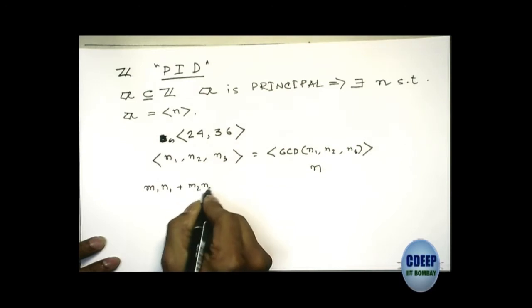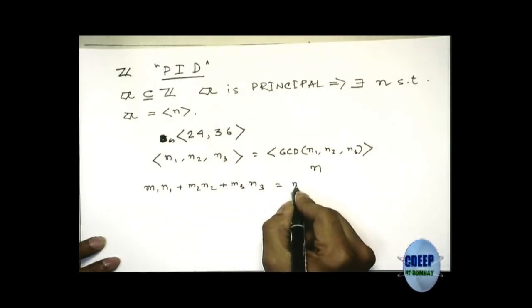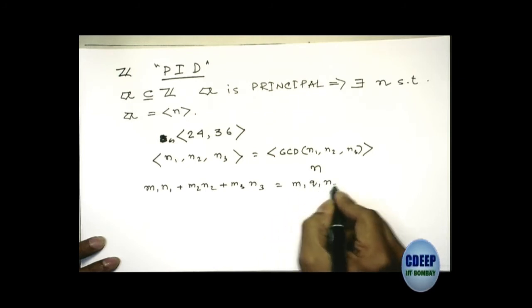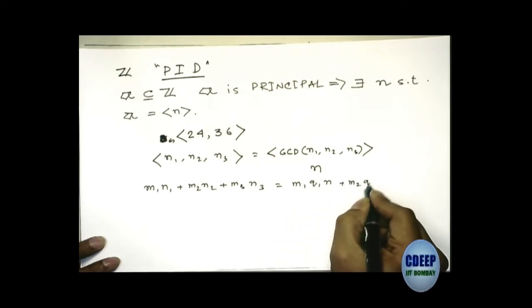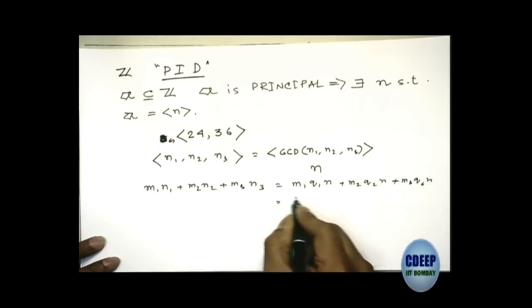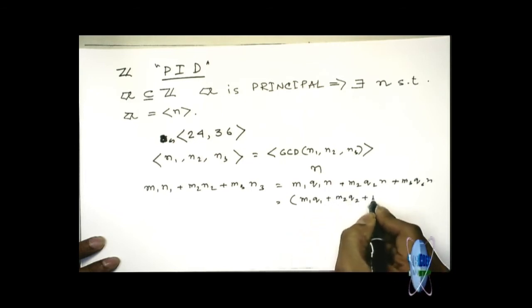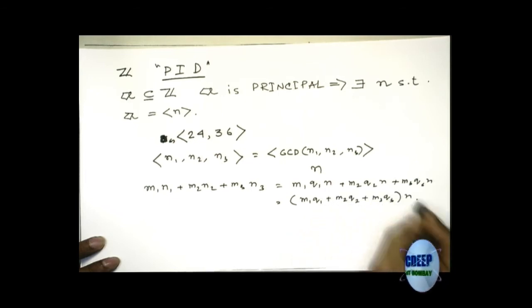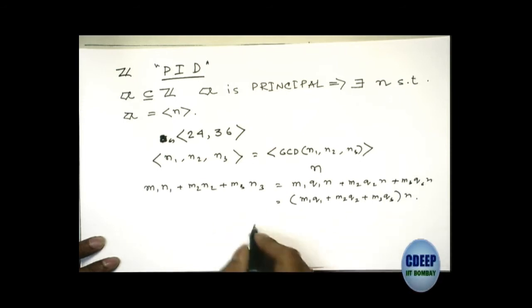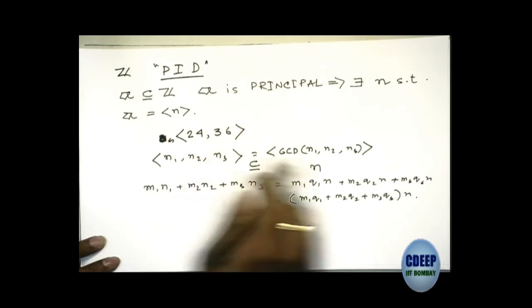So any linear combination of the form M1 N1 plus M2 N2 plus M3 N3 can be written as M1 times some Q1 times N plus M2 times some Q2 times N plus M3 times Q3 times N, which means what we have essentially shown is this: anything here is also a part of here.